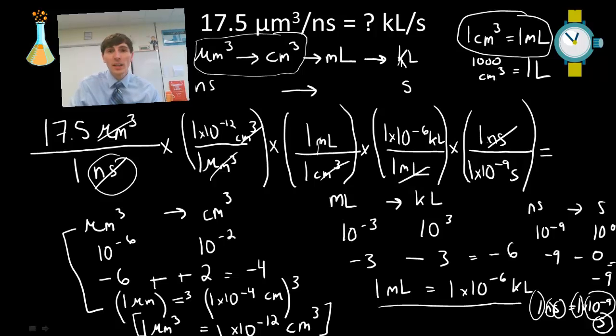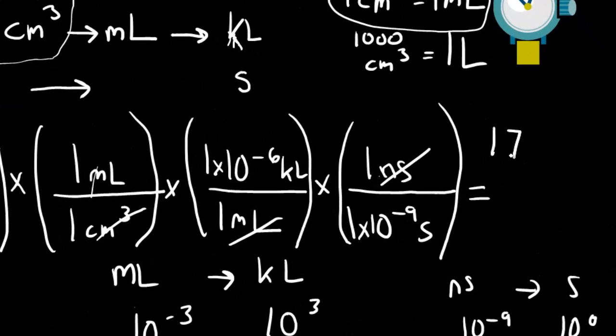That's 10 to the negative 18th. And then I have negative 9 on the bottom, so I would subtract those on the bottom. So we have negative 18 minus a negative 9. We're going to get a power of 10 to the negative 9 left over. So 17.5 times 10 to the negative 9th. Okay, and our units left over are kiloliters.